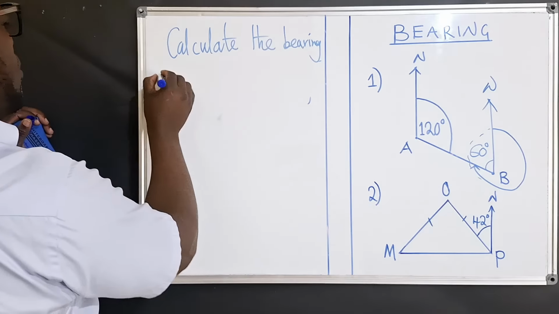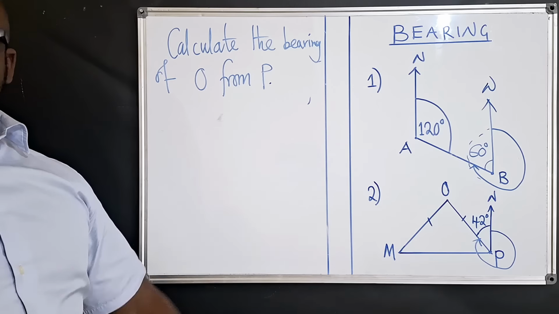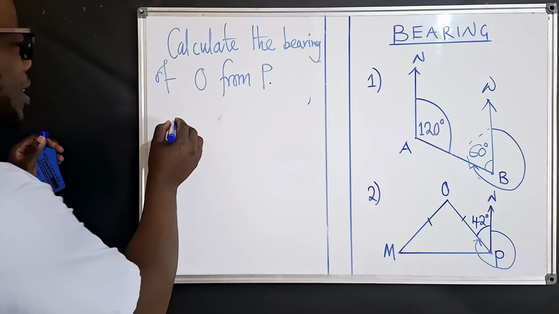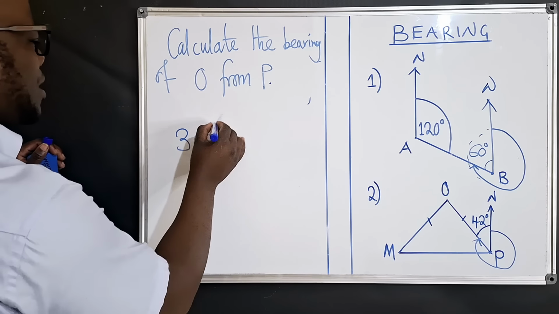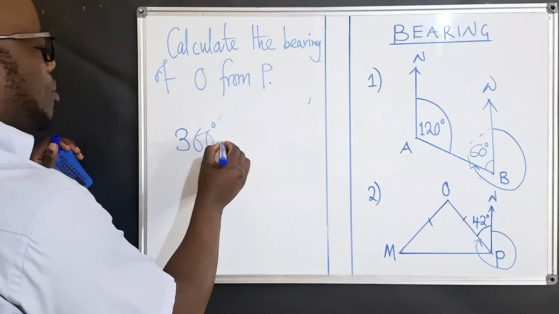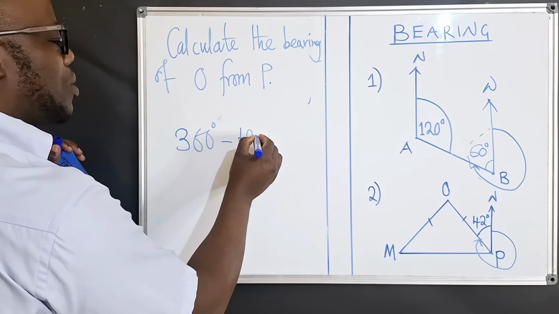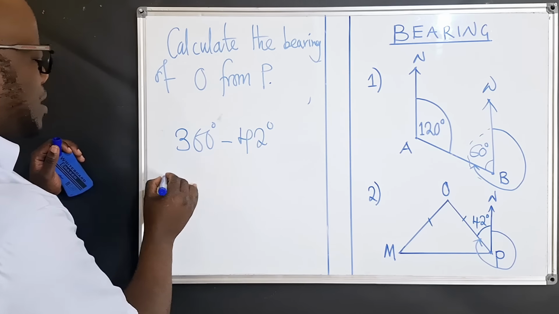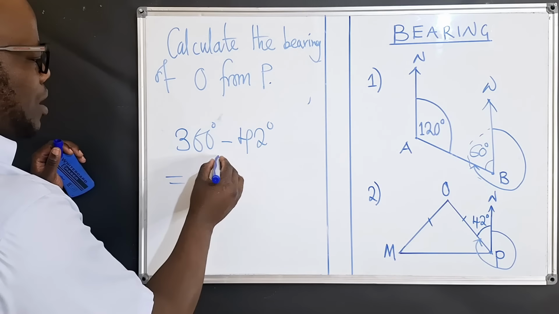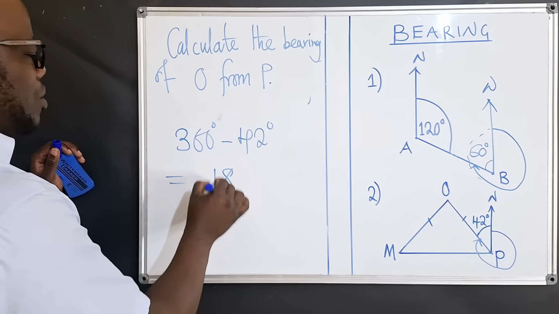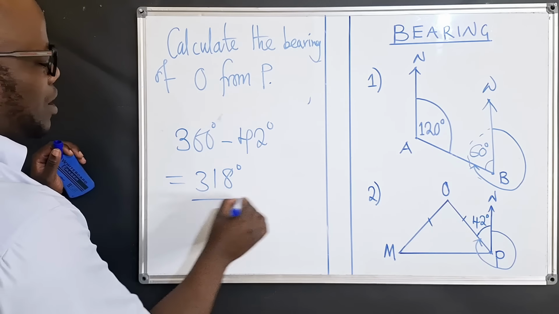So what we're going to do is to do our north at P from, which has already been done for us. So we just move like that. This is the angle that we are looking for. Can you see that? Yes. So what we're going to do there, we'll just say 360, which is the property of a circle, minus what we've been given there, which is 42 degrees. And this is giving us here 8, here it's a 3 degrees, like that.